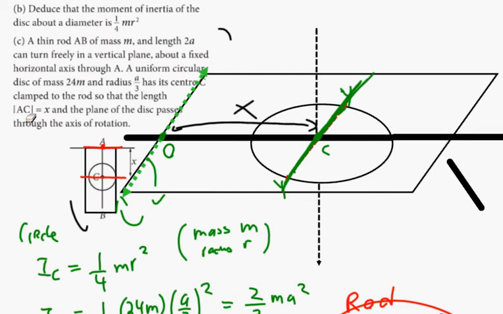A uniform circular disc of mass 24m has its center clamped to the rod at a distance x. There is no language there to suggest that the center of the circle coincides with the center of the rod. So you're going to have to take the moments about m to sort that part out as well.